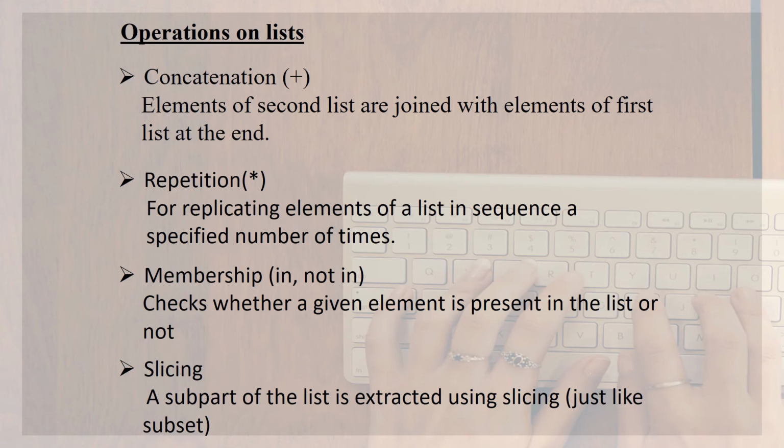Membership operators, in and not in, we have already discussed with the for loop. Slicing is the most important operation on a list wherein a given list is divided into its subparts using the colon sign, just like we take out a subset of a set in mathematics.